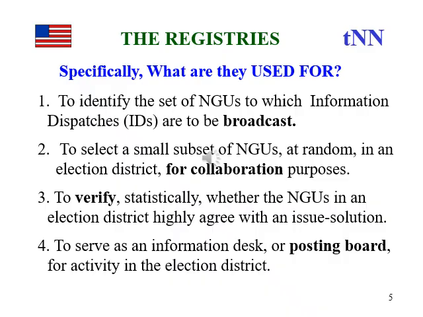To verify statistically whether the NGUs in an election district highly agree with an issue solution. 4. To serve as an information desk or posting board for activity in the election district.